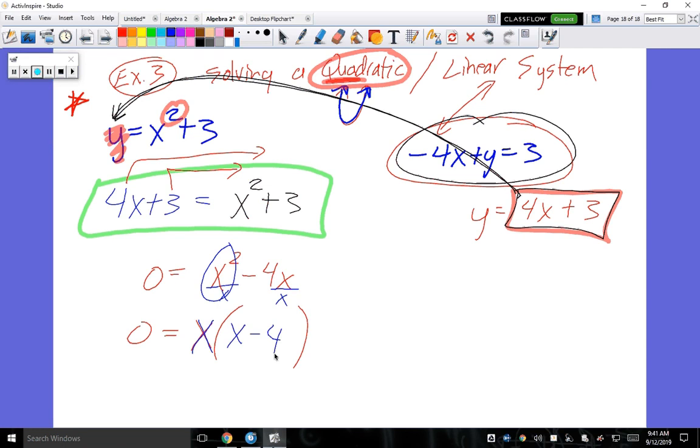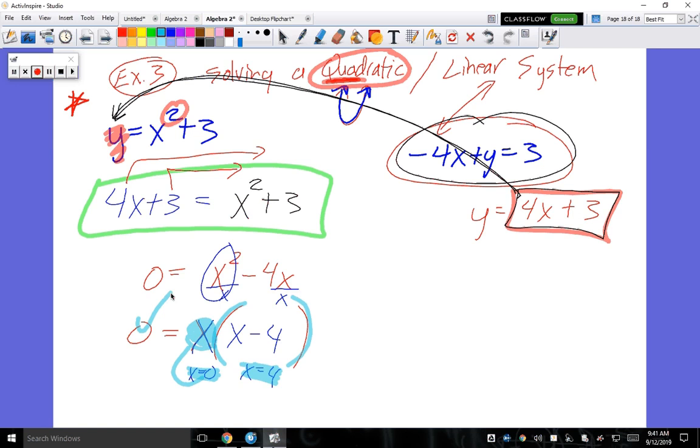So on the graph, x is equal to 0 and x is equal to 4 are where these things will actually touch the x-axis. Watch me do this. If x is 0, this is 0, and 0 times anything is 0.